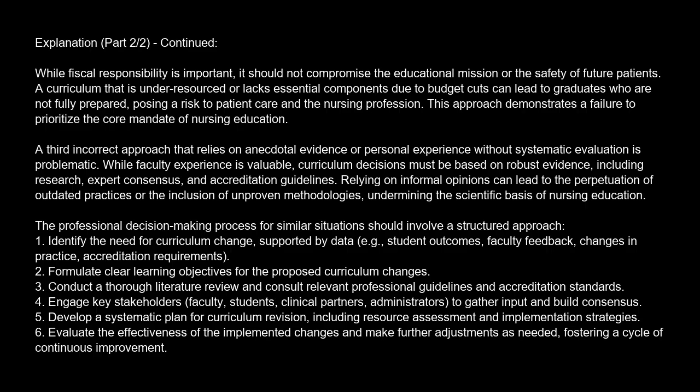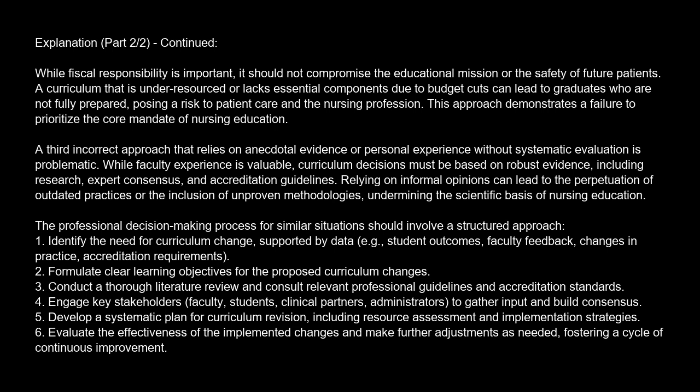The professional decision-making process for similar situations should involve a structured approach. 1. Identify the need for curriculum change, supported by data, e.g., student outcomes, faculty feedback, changes in practice, accreditation requirements. 2. Formulate clear learning objectives for the proposed curriculum changes. 3. Conduct a thorough literature review and consult relevant professional guidelines and accreditation standards. 4.